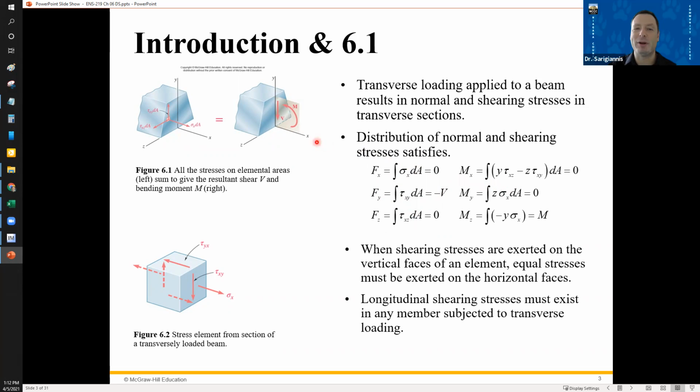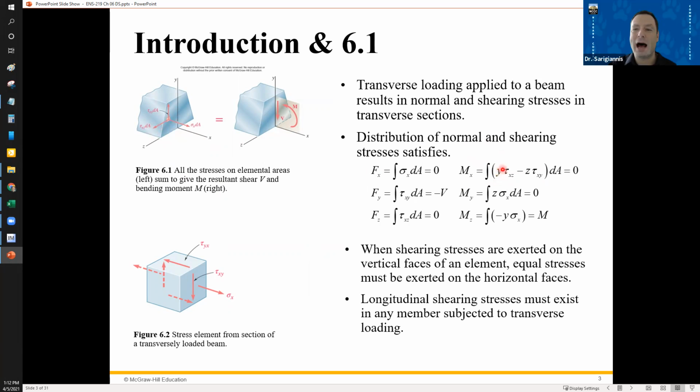Similar for the bending moment. You're going to have a bending moment about x, about this direction, but you can write that bending moment with respect to the different shear stresses. So tau xz, that's the plane that's perpendicular to the x-axis, and it's got a shear stress in the z direction.